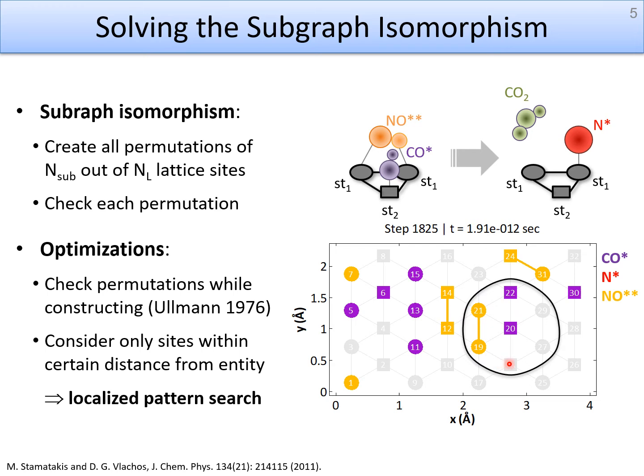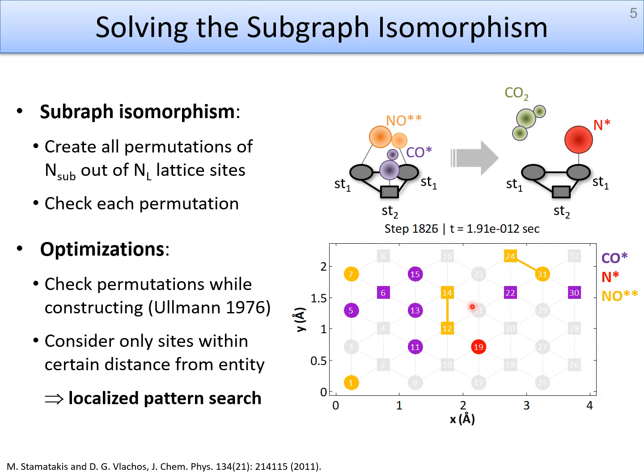So then the subgraph isomorphism solver would return this as a valid instance of this pattern, and of course then we can create the process in our process queue, create a random number for the time at which it is going to occur, etc. This way we achieve the localized pattern search, which is much more efficient than going through all the possible permutations of all the lattice sites that we have.